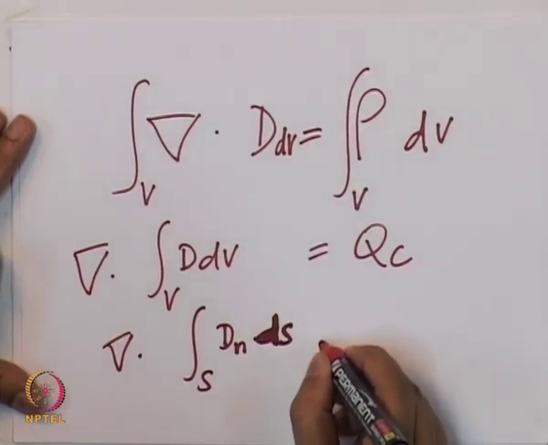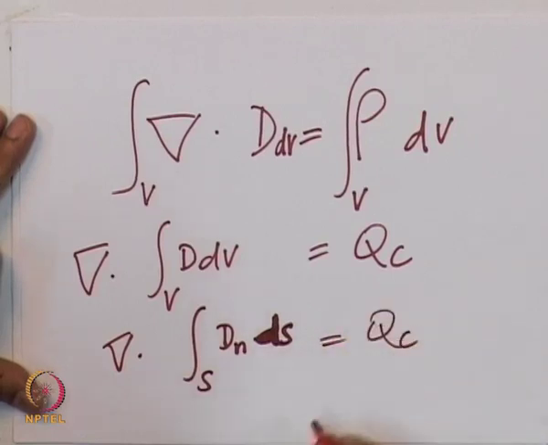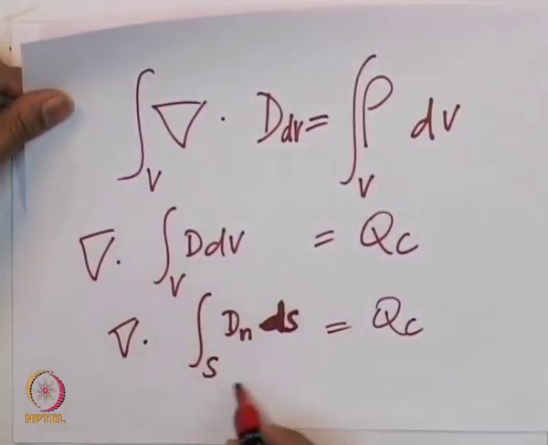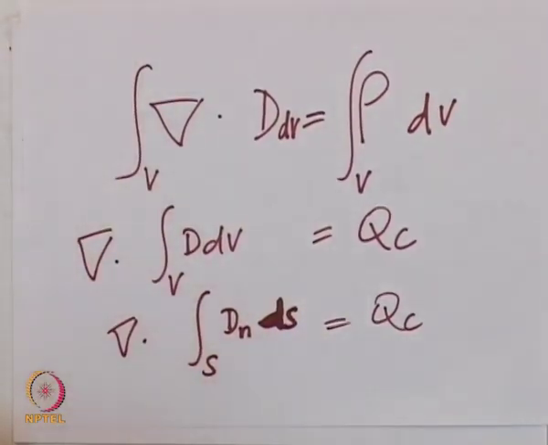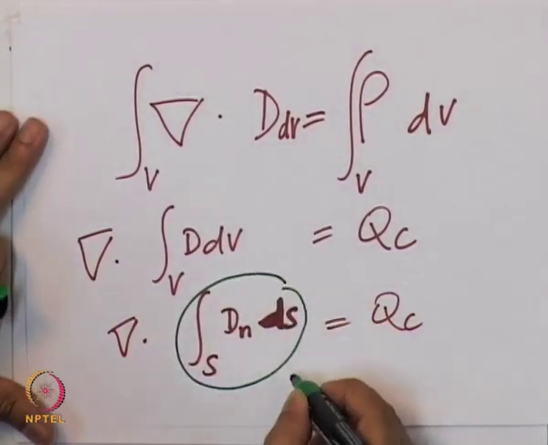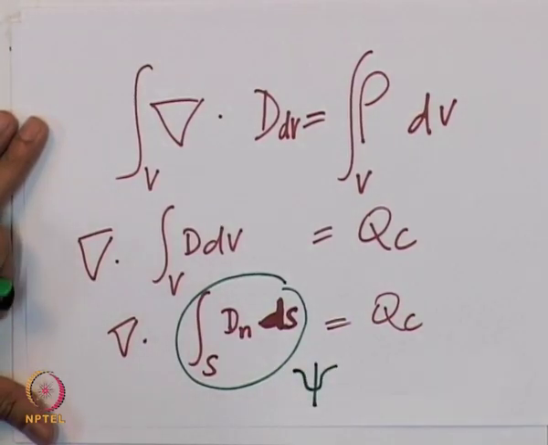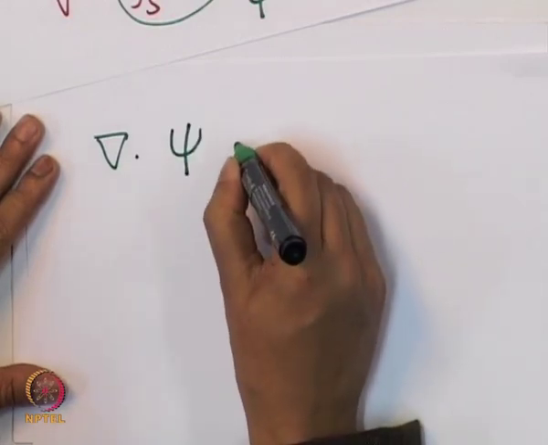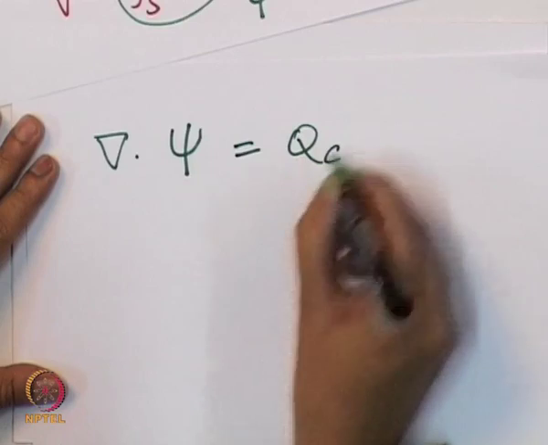We can write this as equal to Q_C, and we will see how this is related, because this term is something that we already saw. We know that this term is our definition for the electric flux. So we can write this in a much simpler form, that is the divergence of the flux is equal to Q_C.